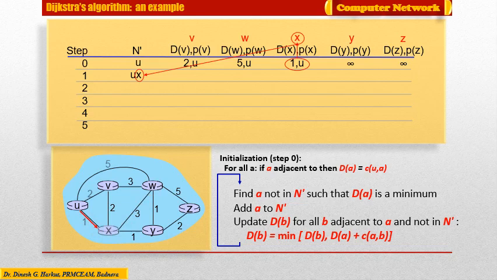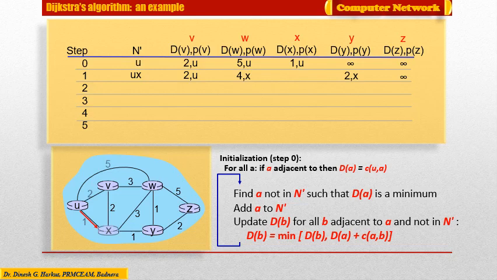Initially, the distance between node U and W was set to 5, which was given. We are adding the next node X. The shortest path through UX to W now comes out to be 4, that is 3 plus 1. And on this currently least cost path, the immediate preceding node to node W is node X. Hence we will put the PV value as X and the cost value as 4.